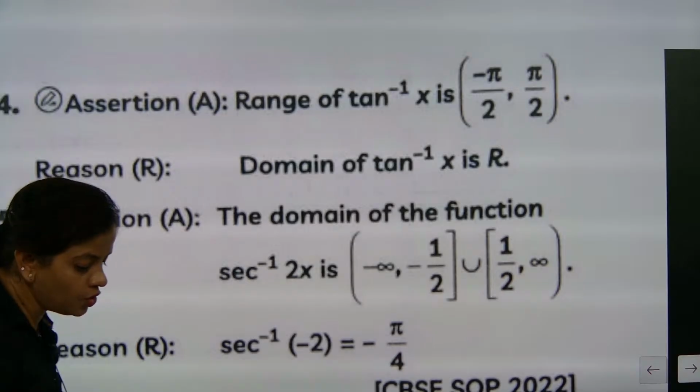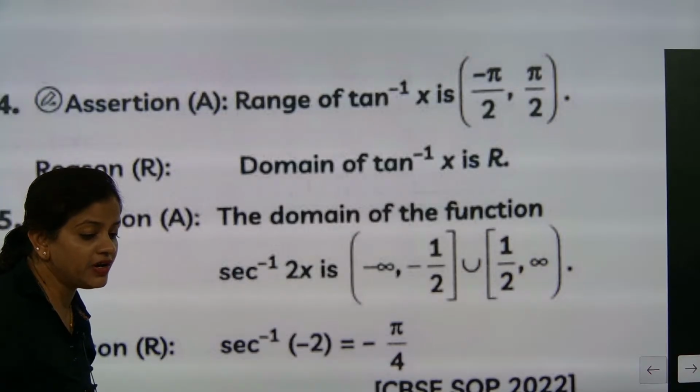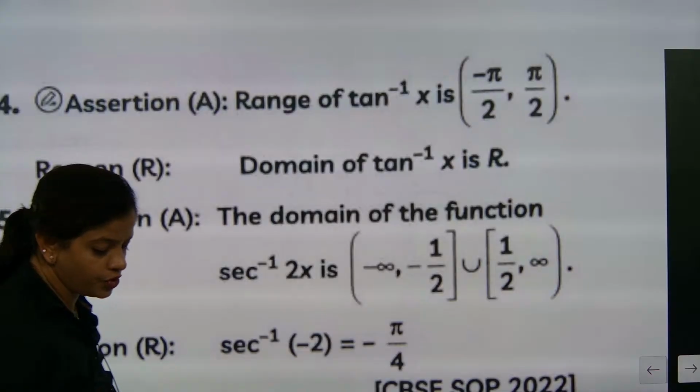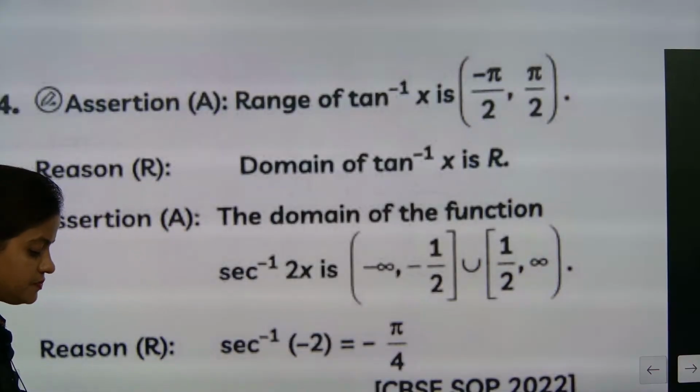Divya has said the answer is going to be B. Anyone else who can answer this question? Tanesh, Kishore, everybody, please answer.